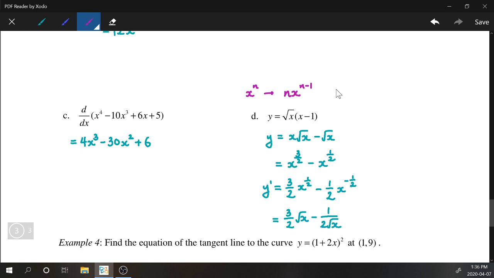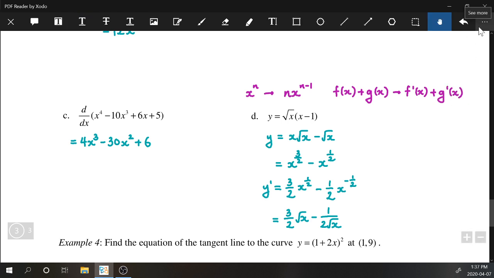And then we also have the sum and difference rule, right? So if you take the derivative of that, you get f prime of x plus g prime of x. So example D is a combination of these two rules working together. Okay.